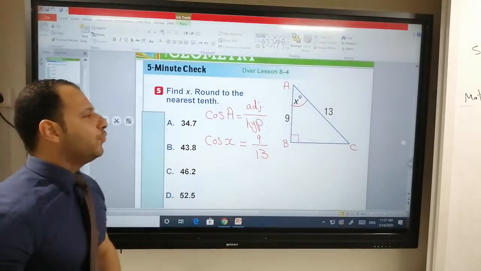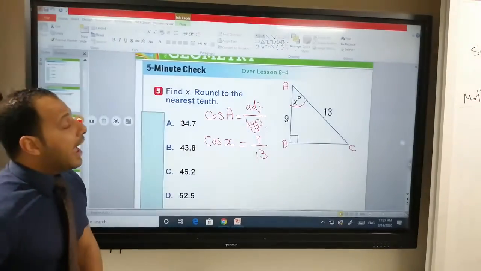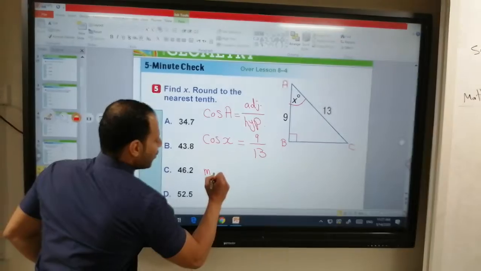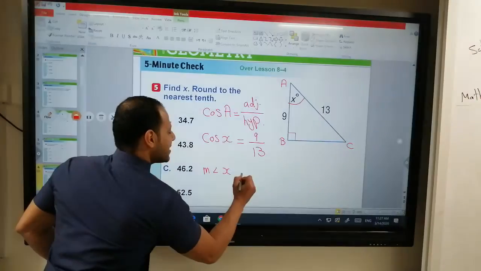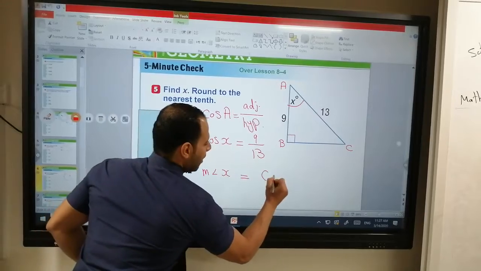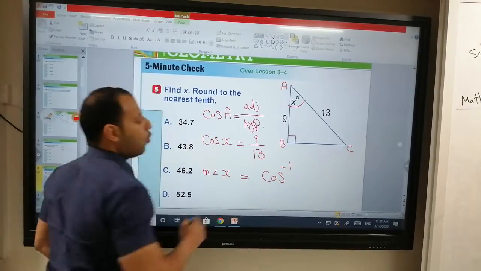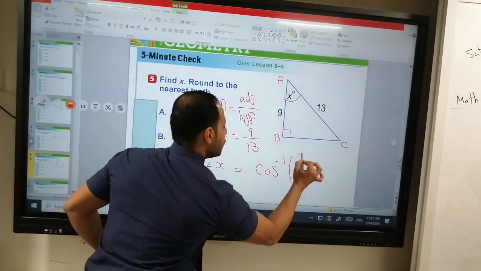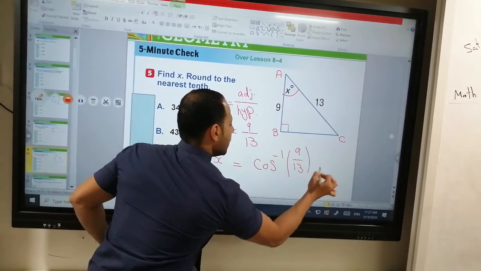From this example, we deduce that to get the measure of angle x, you must use inverse cosine, or shift cosine on my calculator for the ratio you have, and you will get the answer.